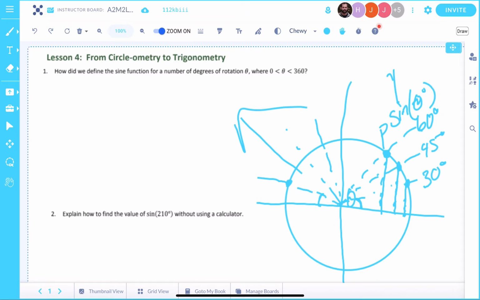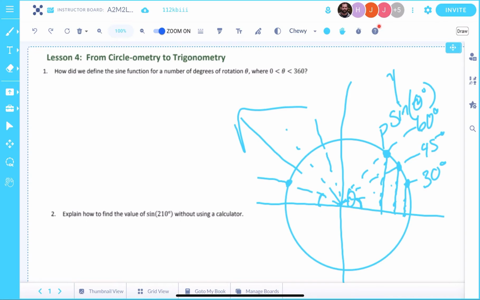Your x has changed because you flipped across the y-axis. But your y will be the same. So you'll have the same sine for an angle of 30 degrees if it's in the top 2 quadrants. The only difference is, the difference for the sine in the bottom 2 quadrants is that it's negative. It just goes down. Okay?